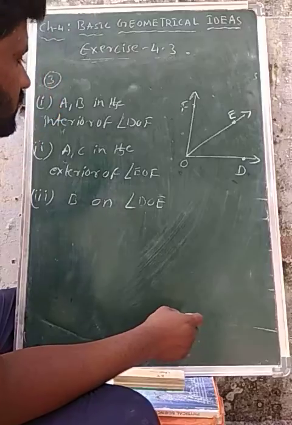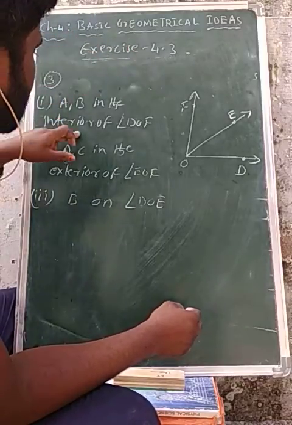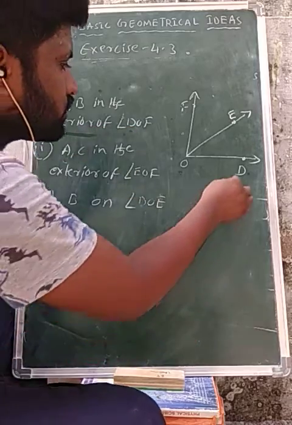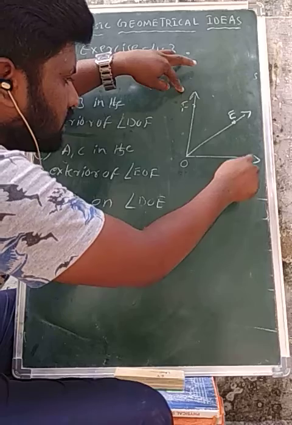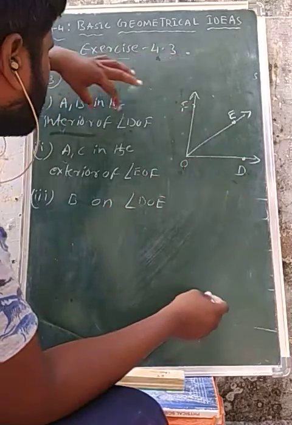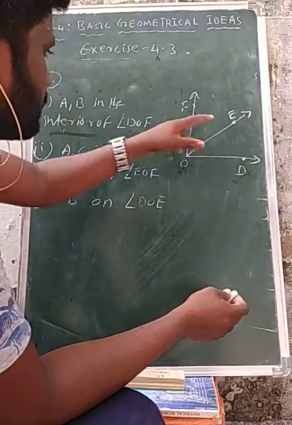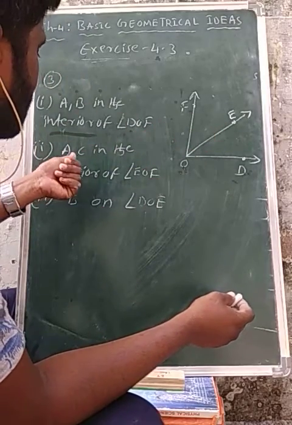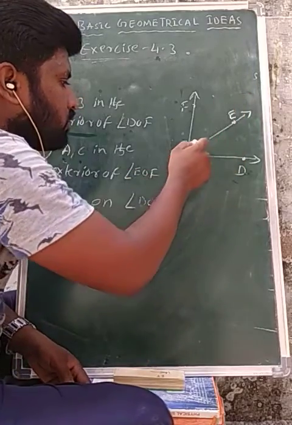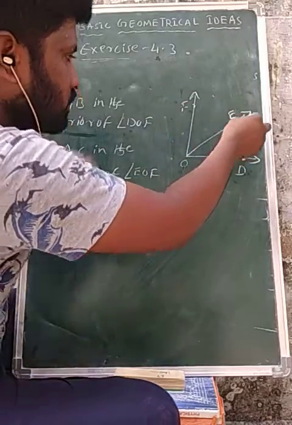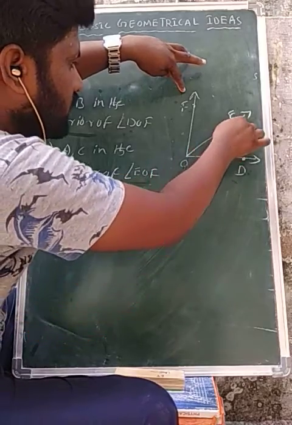Okay, what is the first condition? A comma B in the interior of angle DOF. So DOF means the whole angle. A comma B must be interior, that is, inside. And A comma C in the exterior of EOF. See here, this is angle EOF.